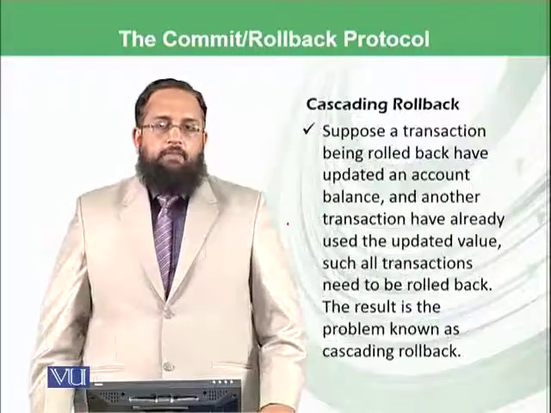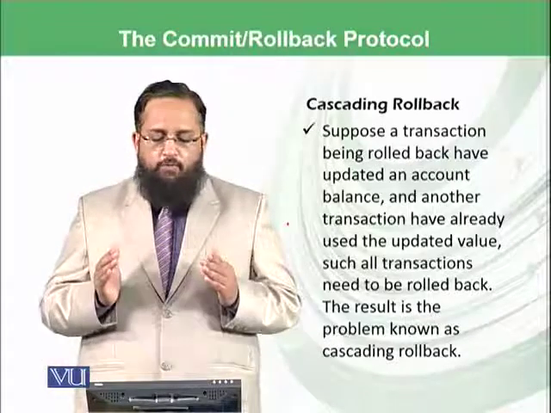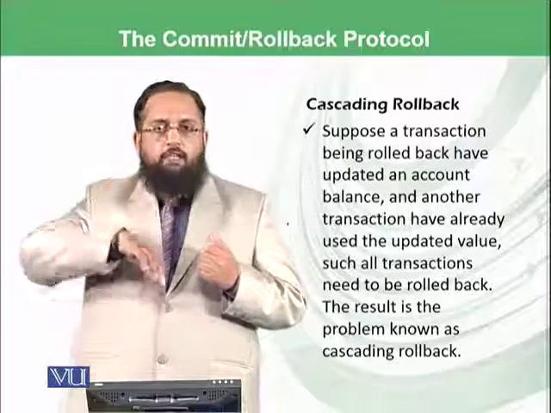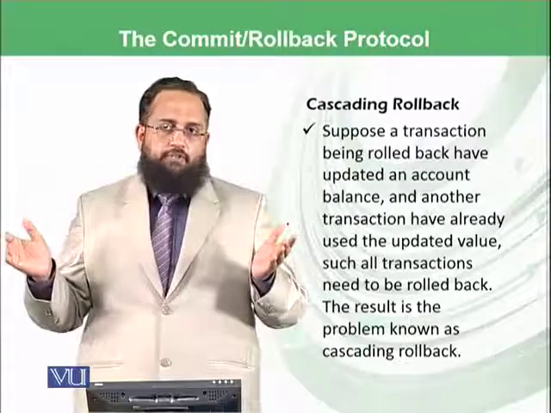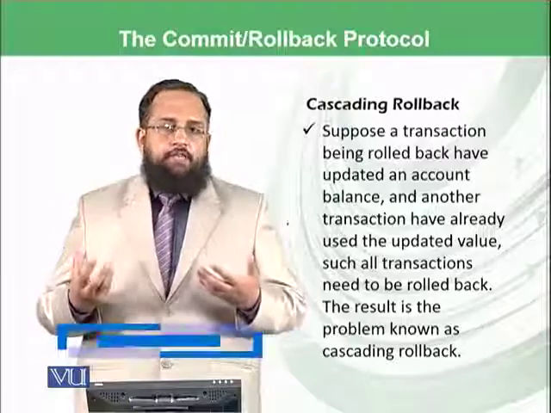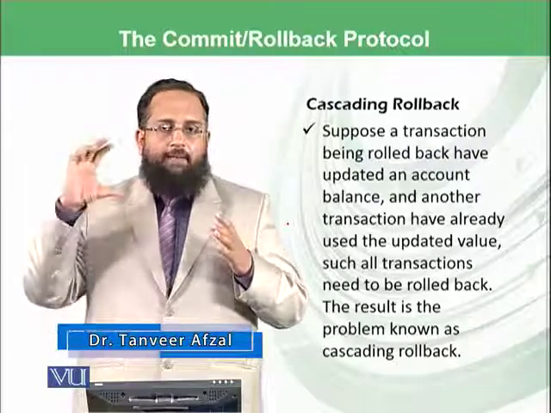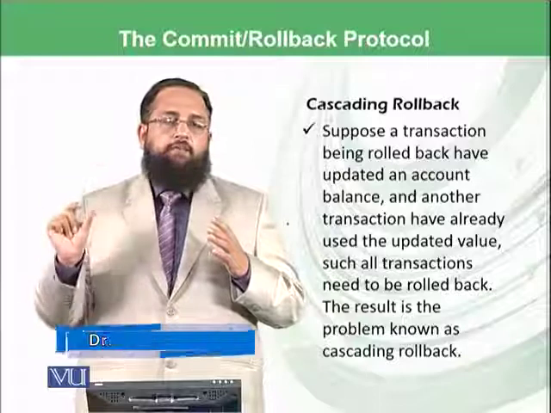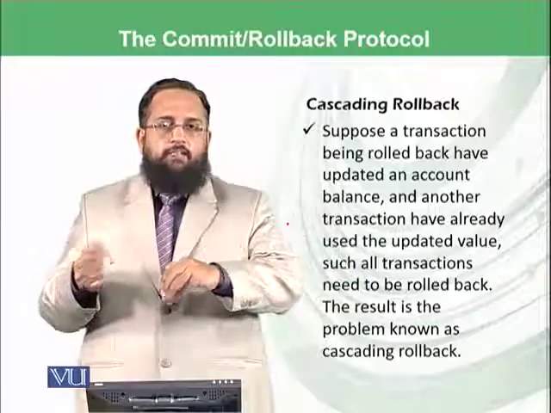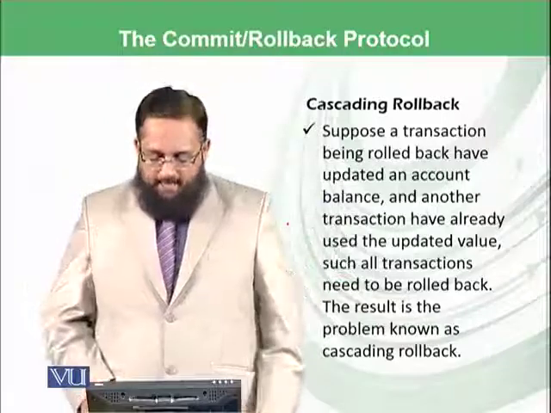And then there is another phenomenon known as cascading rollback, which means a transaction being rolled back has updated an account, and that account has been used by another instruction, because multiple applications are using the CPU, as we have discussed. So if application A has partially executed one transaction and updated the account, and application B has used that account, then all of those instructions need to be rolled back. That is called cascading rollback.